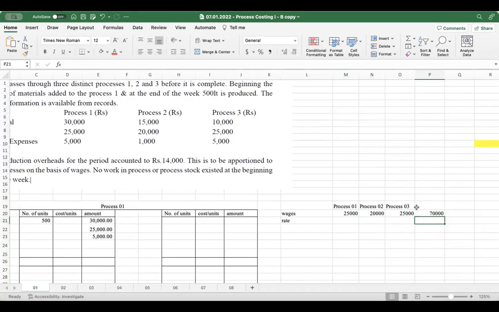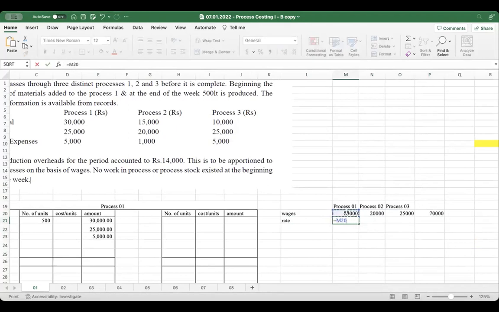These are basic mathematics, okay? Out of the total, we will see the percentage of each of these wages in these processes. So let's take the first process, 25,000 divided by 70,000. That will be 35%, right? Then 20,000 divided by 70,000. Again, for process 3, 25,000 divided by 70,000.